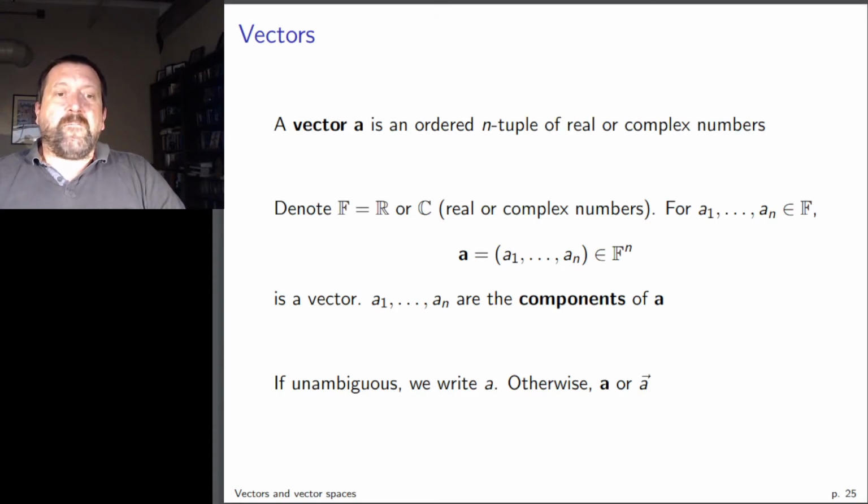The a1 to an are the components of a. Typically, you will often see that when we're writing things down, we'll just write an a. Otherwise, if possible, we could use a bold a or an a with an arrow on top. In this course, as much as possible, I'll try to use bold letters for vectors.